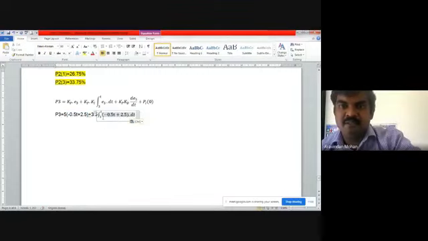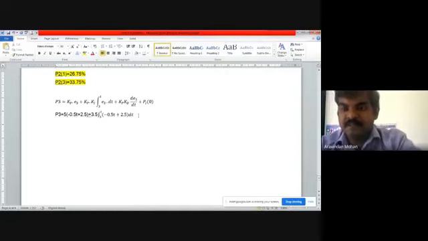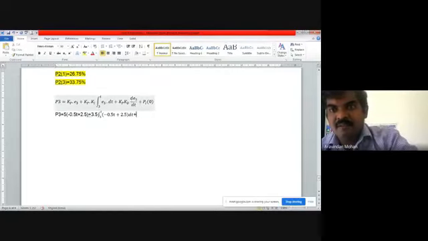So integral 3 to t of minus 0.5 t plus 2.5 into dt, correct, plus d by dt of the E3 value.